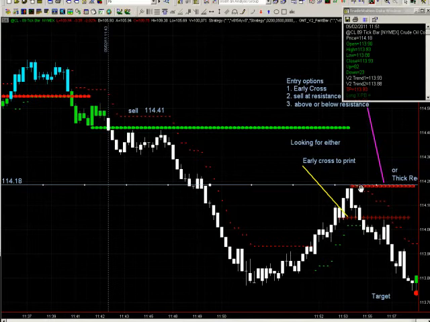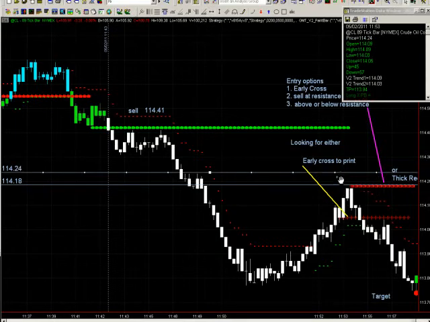Now, on the sell here at 114.18, our stop really wants to be about 5 to 8 points above this level, because that enables us to have a low risk, high reward trade. In the scheme of things, you'll find that these trades are typically 15, 20 points, sometimes as small as 10.